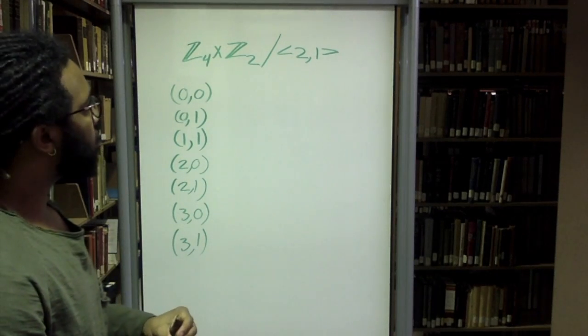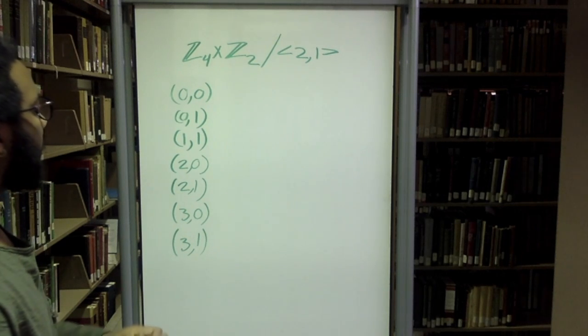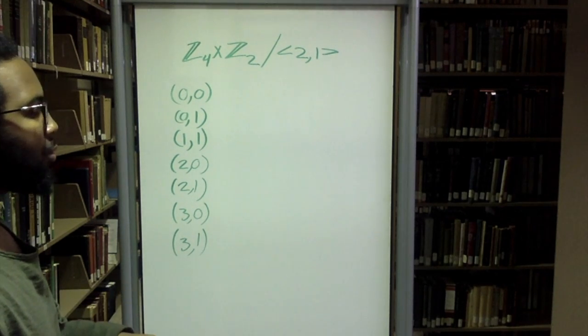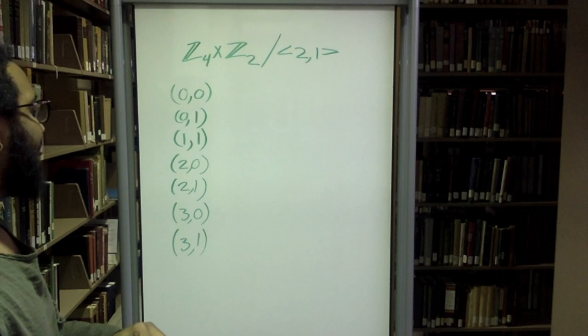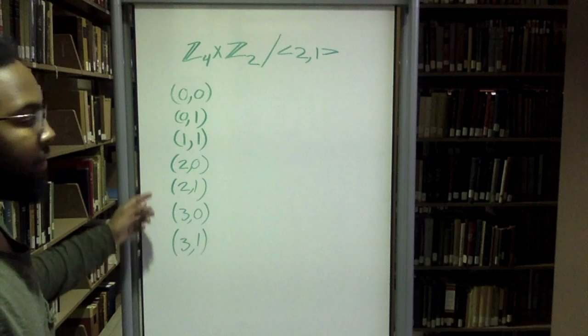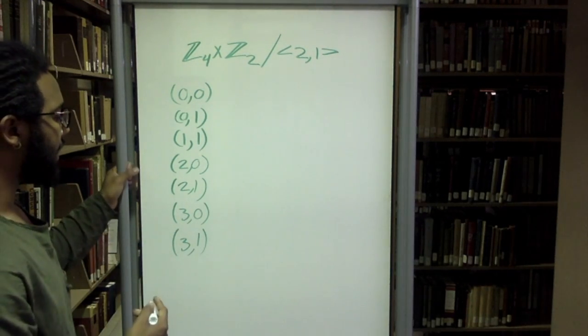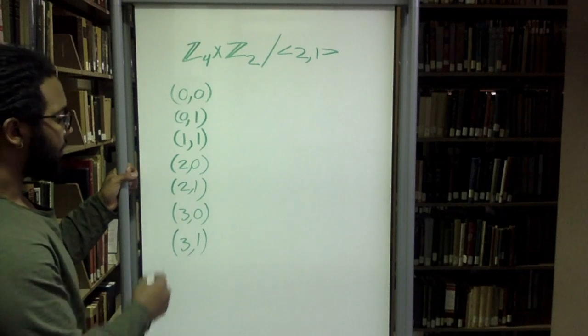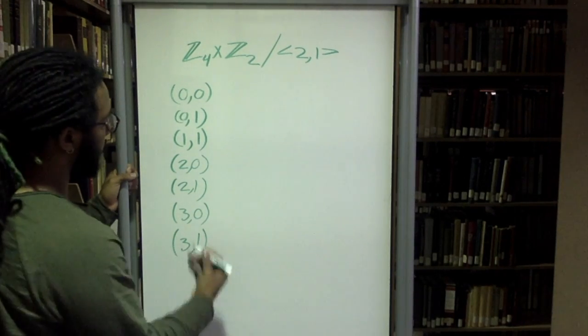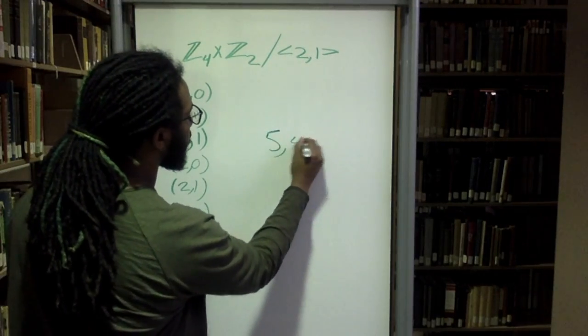We wanted to find an element that is not in our factor group, so let me clarify. Let's say (5, 4).